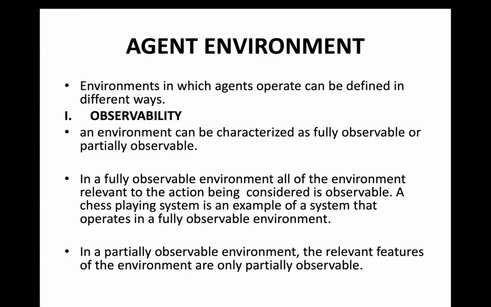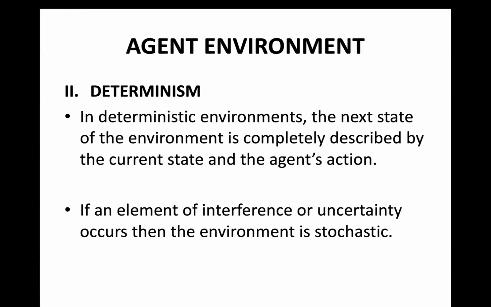As we think about this, we are going to design a system that performs well given the limitations, so that we are not unfair to the agent by saying it's not performing well. So observability is one issue we need to look at.